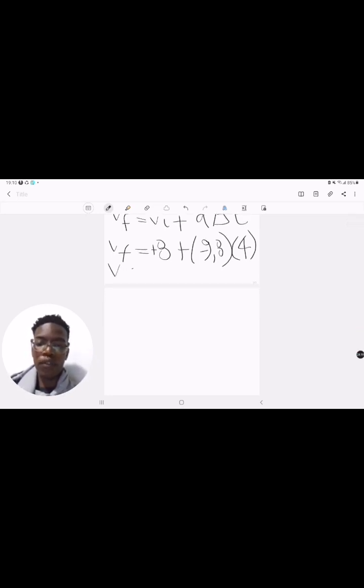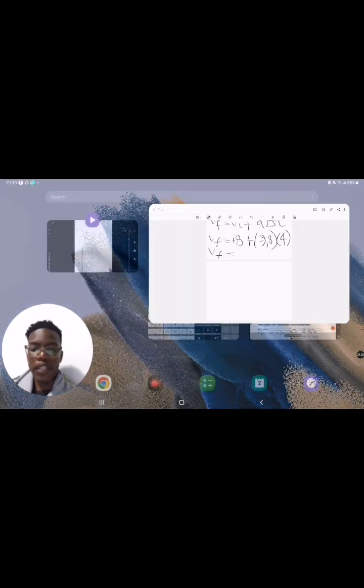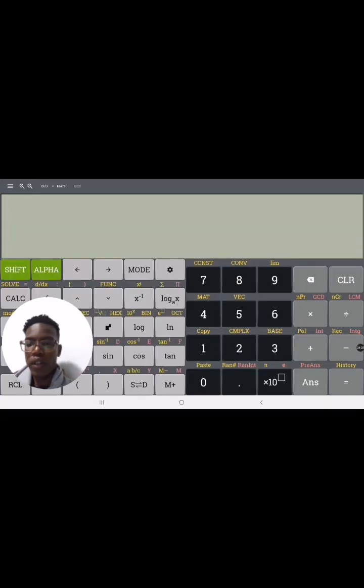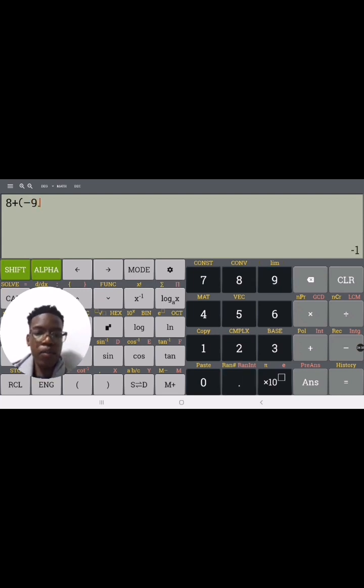So if you solve for your VF, this is 8 plus minus 9,8 times 4. Let's go to my calculator. So you've got 8 plus open bracket, minus 9,8 times 4 seconds.